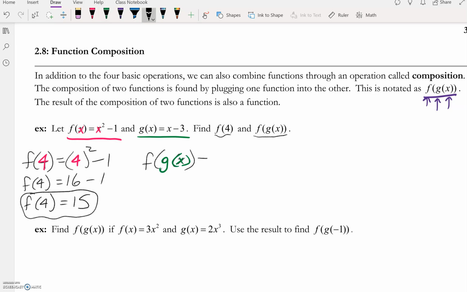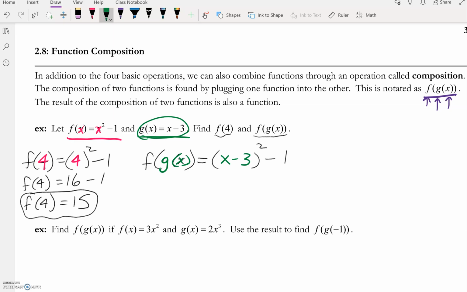So in this function, x squared minus 1, instead of 4 squared minus 1, I replace that x with the whole g of x function. So I'm going to have x minus 3 squared minus 1.